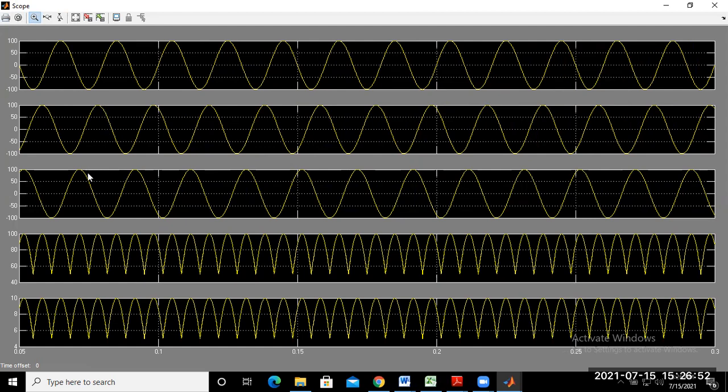Similarly phase C becomes 0 after 240 degrees. So you just draw the three phase supply source. Phase A, phase B, phase C are phase displaced to each other by 120 degrees. This is your output voltage waveform and this is your output current waveform.